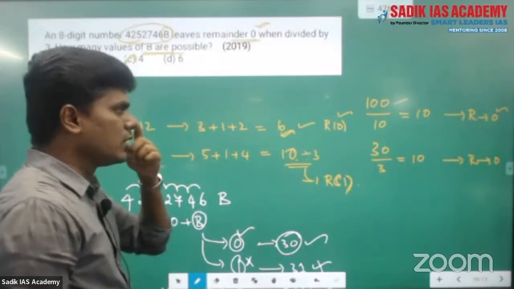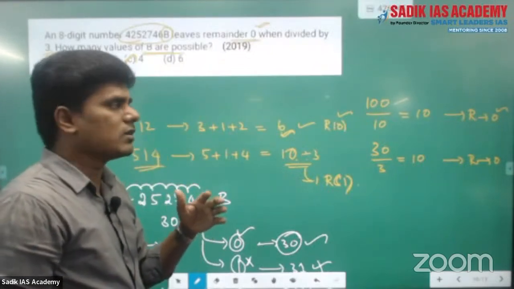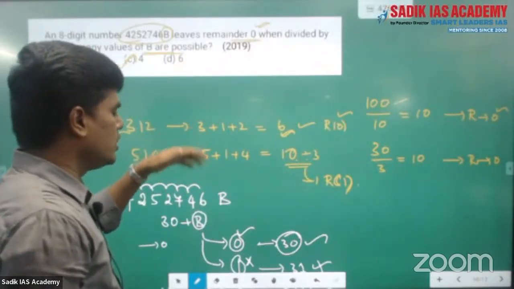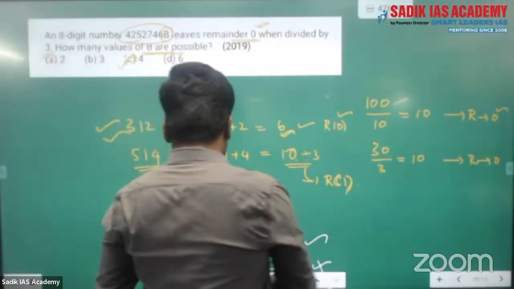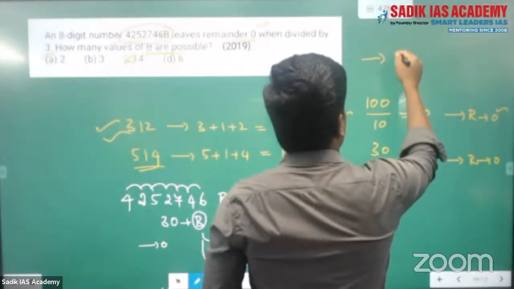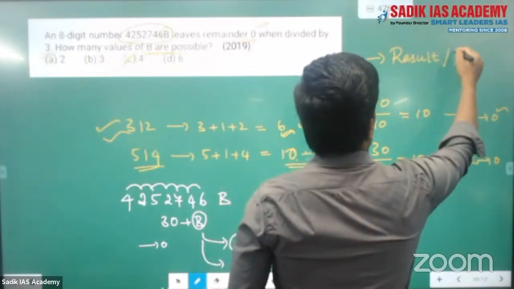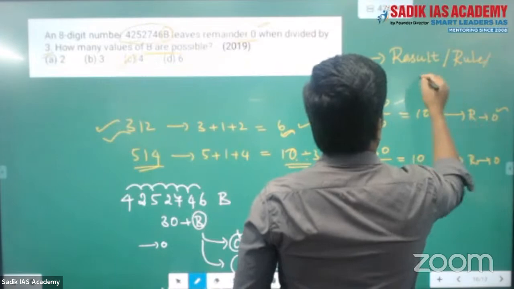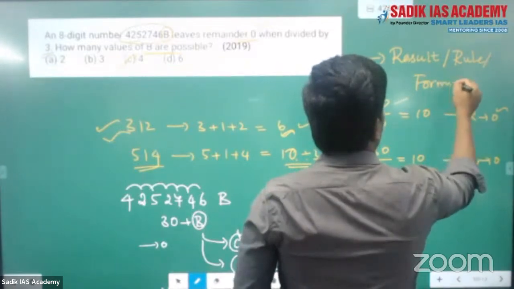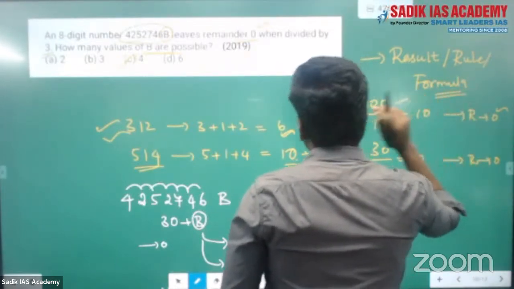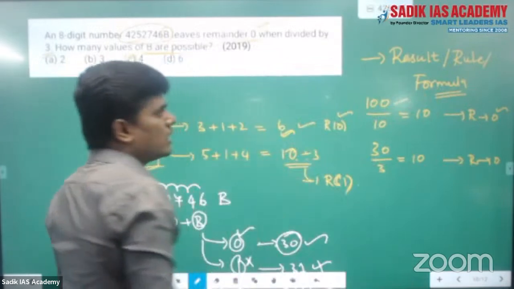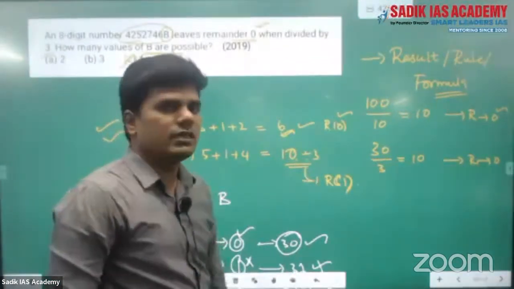Like that also has been asked in the UPSC CSAT question. This is another way. You should know the result or rule or formula, whatever. Then only you'll be able to answer the question. These kinds of questions have also been asked in the UPSC.